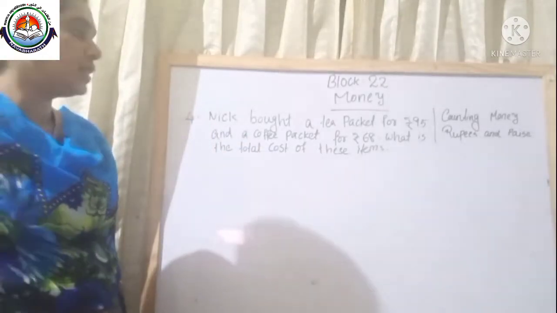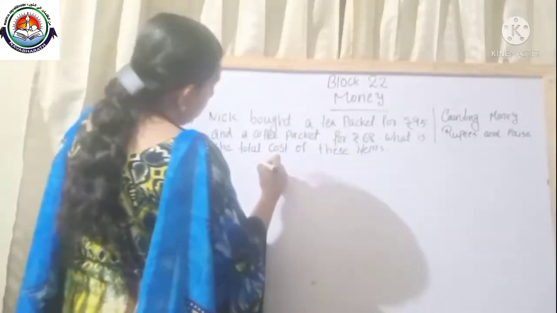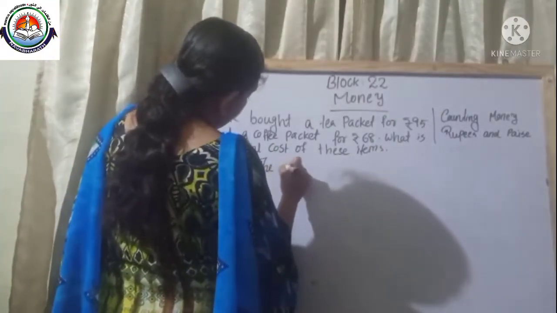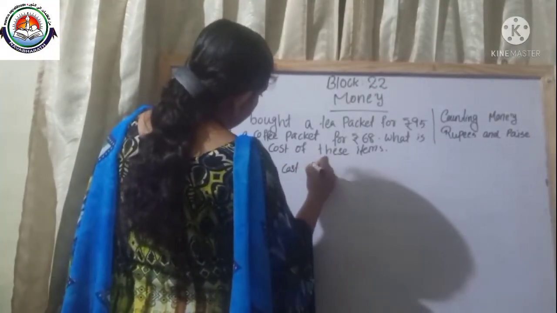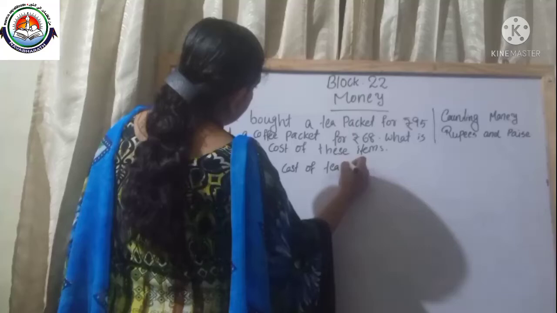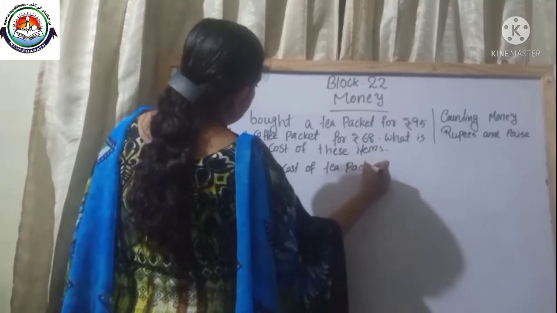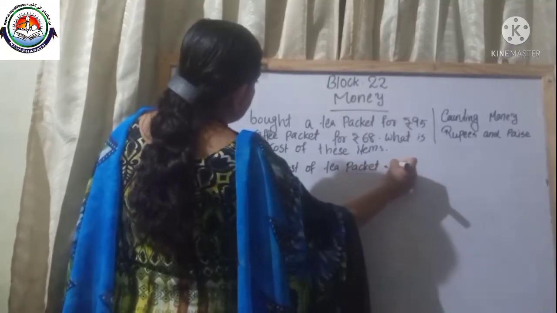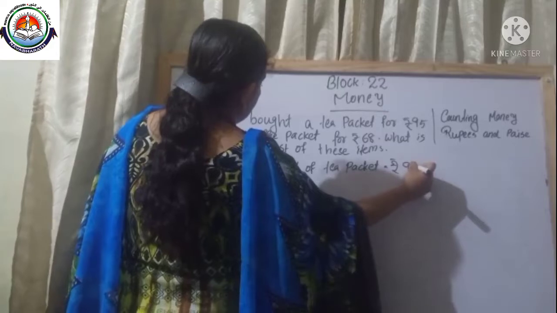So we can write the steps. The cost of tea packet. How much rupees for tea packet? Tea packet rupees 95.